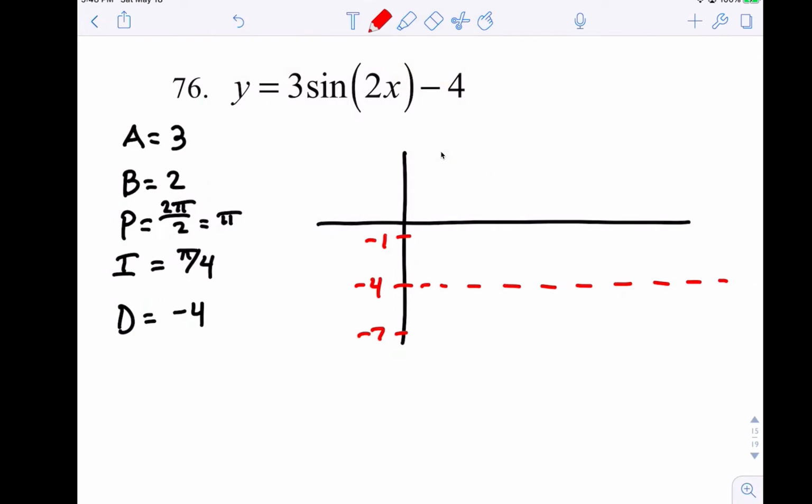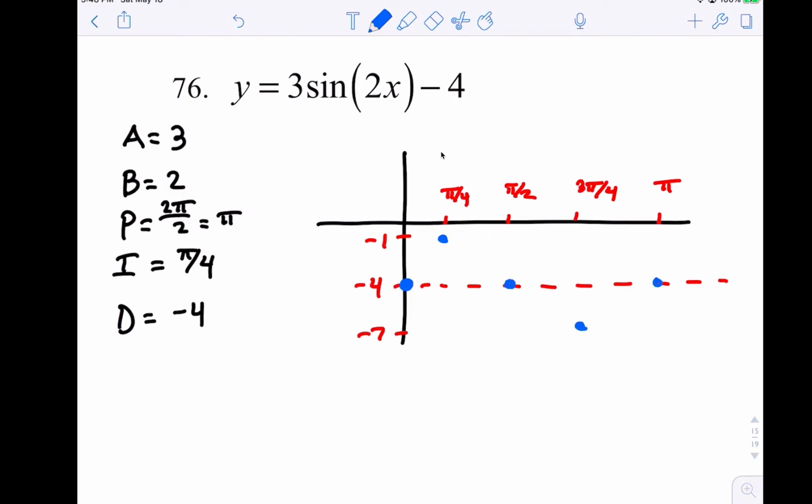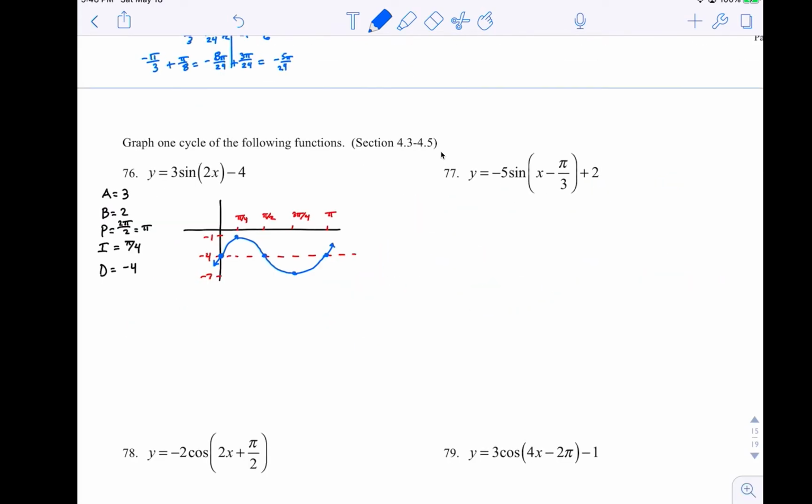My period is pi, and I have to go up by pi over 4: pi over 4, pi over 2, 3 pi over 4, and pi. Because it's sine, it's axis, high, axis, low, axis. All right, so that is one sine curve.